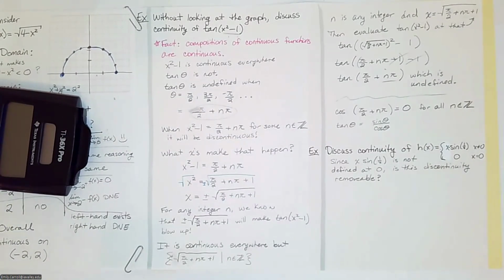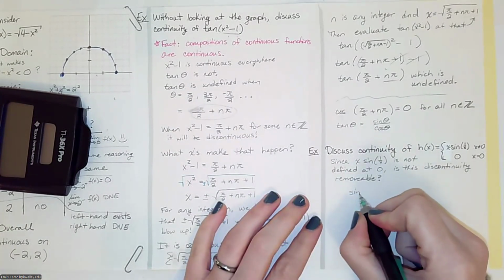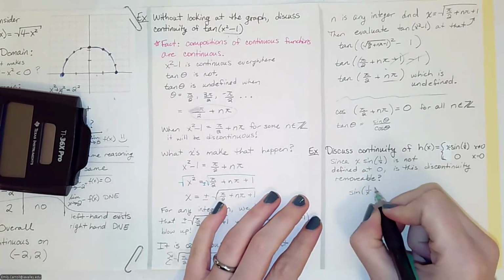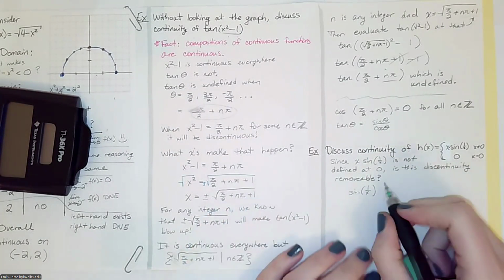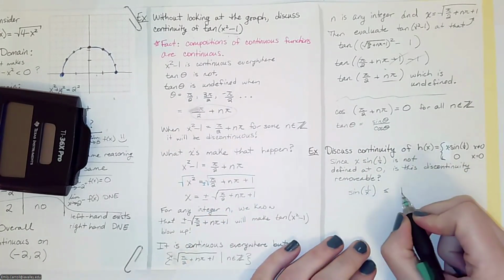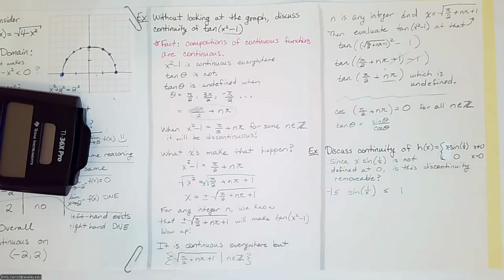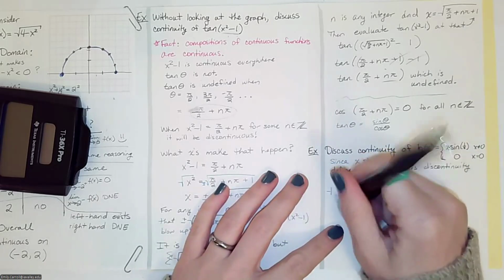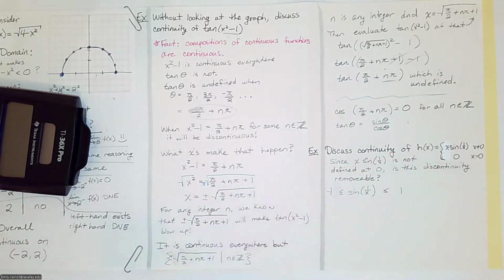All right, so let me think. Whatever x is, sine of 1 over x has to be between +1 and -1. All right.